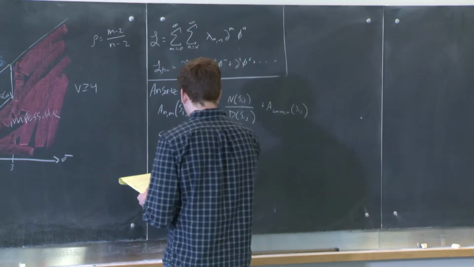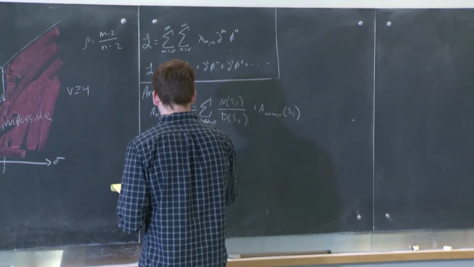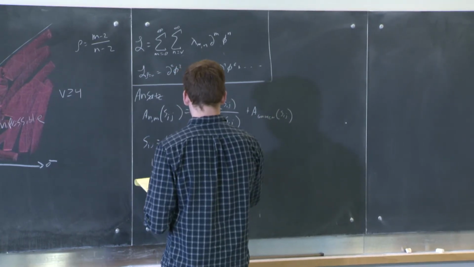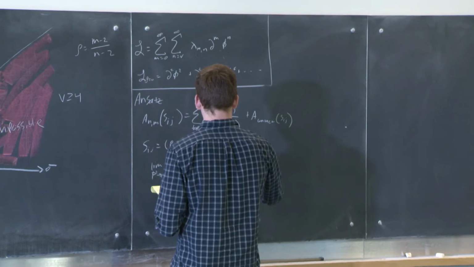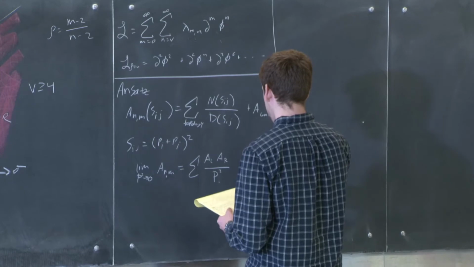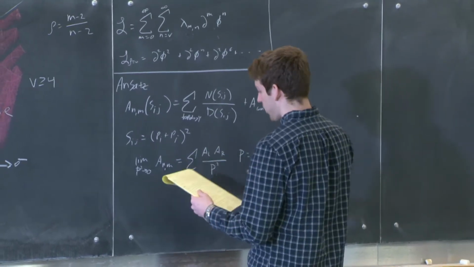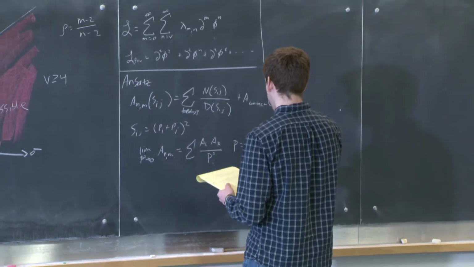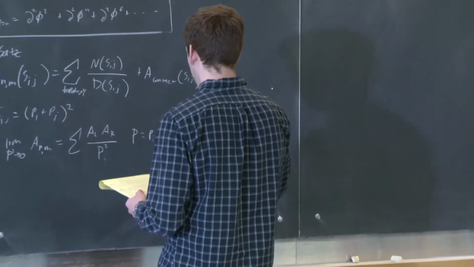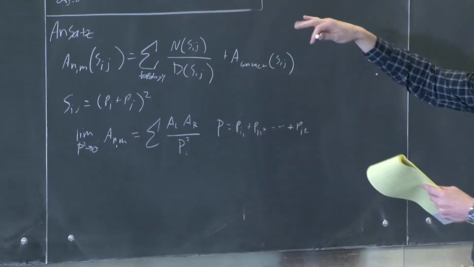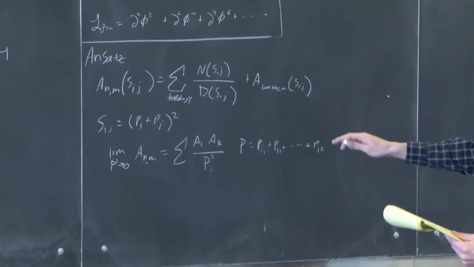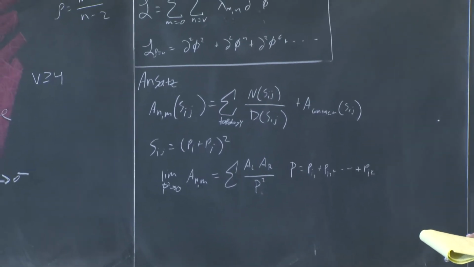So in that limit, we have this, where this momentum is the sum of everything on the left-hand side, and this sum is just over all other branchings for these left and right pieces. So this is going to be another important piece when we constrain these amplitudes.